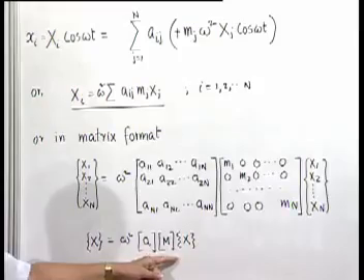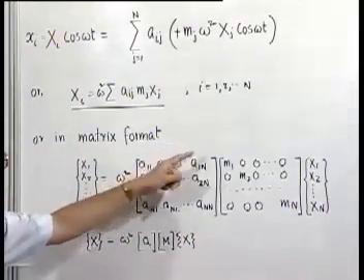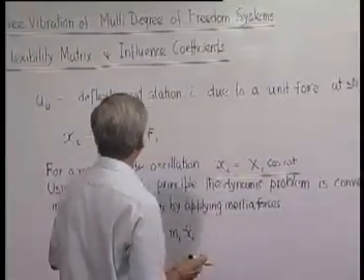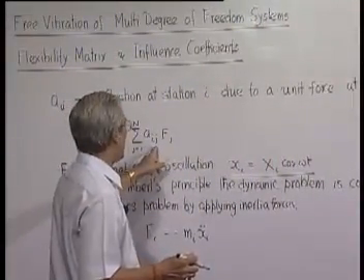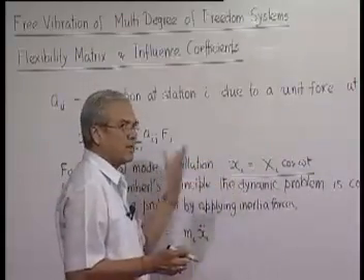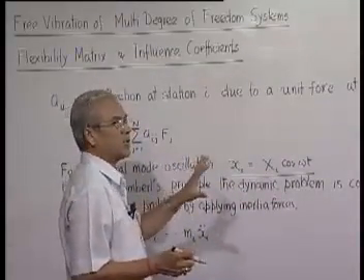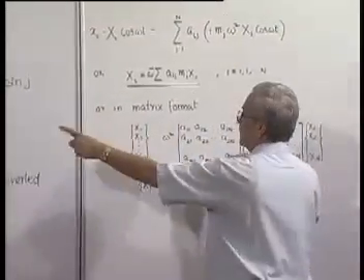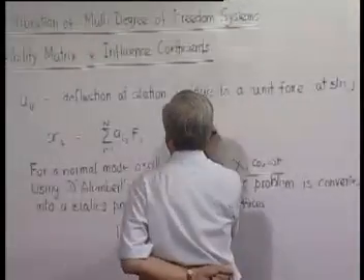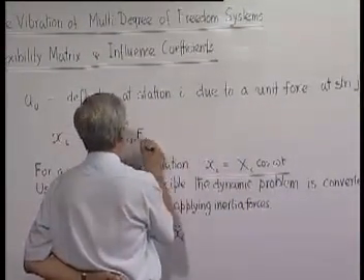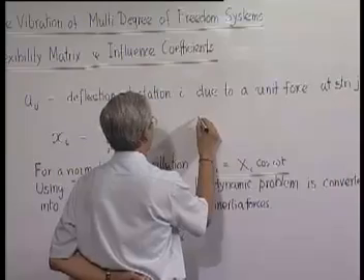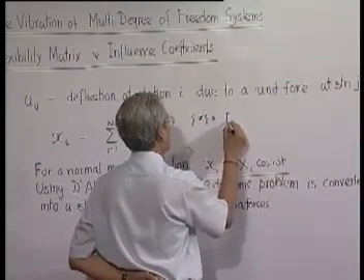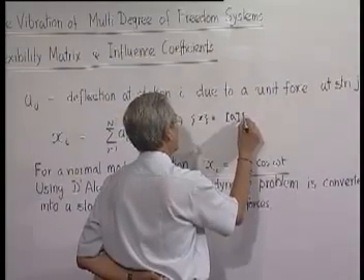Now, this we call the flexibility matrix, because Aij represents the deflection per unit load at another station. So, it is nothing but a measure of flexibility, which is just the opposite of stiffness, because we can very easily find that according to this definition, x is equal to this, and we know, therefore, x will be the flexibility into force.